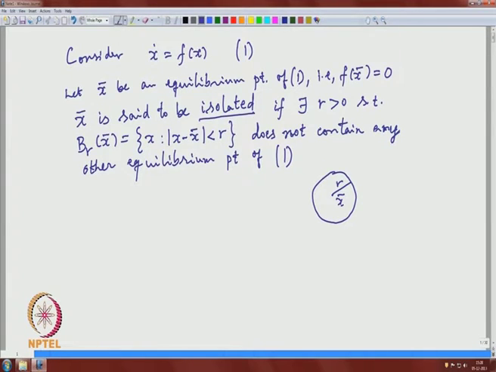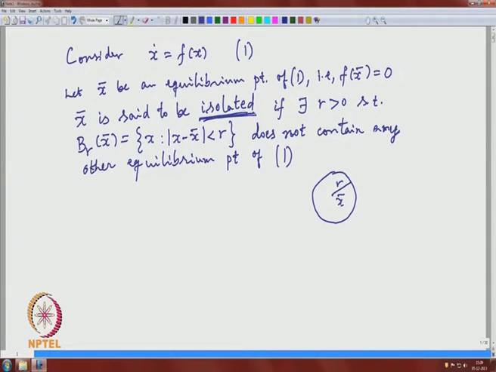The reason is that in the definition of stability, you recall we want to start a solution very close to x bar and we want it to remain there. If there are other equilibrium points, then that solution may tend to that other equilibrium point. So, we just want to avoid that, so we isolate it. That is why this isolation.